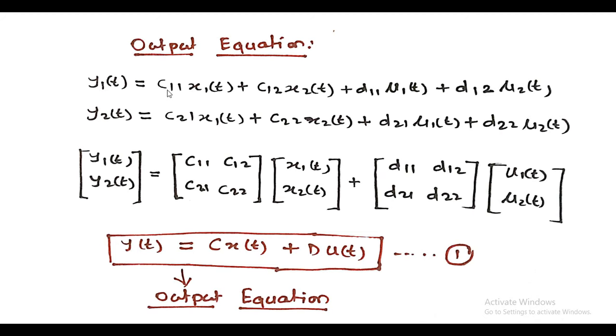So this C11 is for the first output and for the first state X1t. Similarly, for C12, the 1 is for Y1t and the 2 is for X2. Similarly, we have taken here D11 and D12, where the first index represents the first output Y1t. Okay, so similarly this we have calculated.